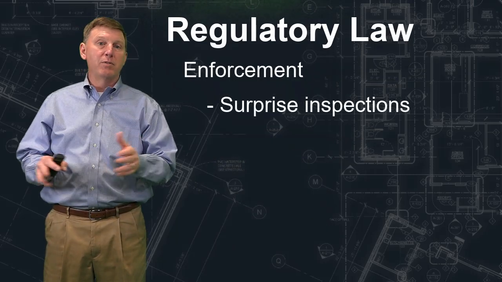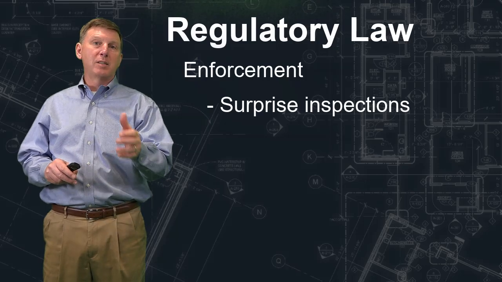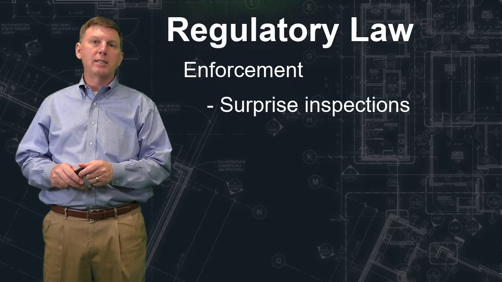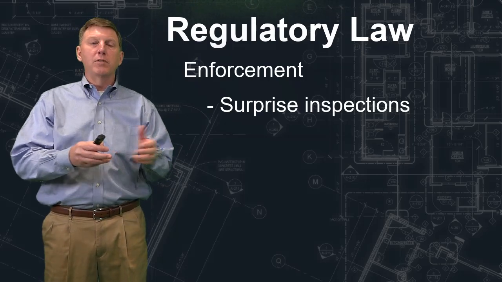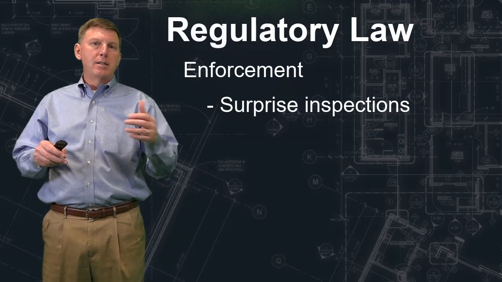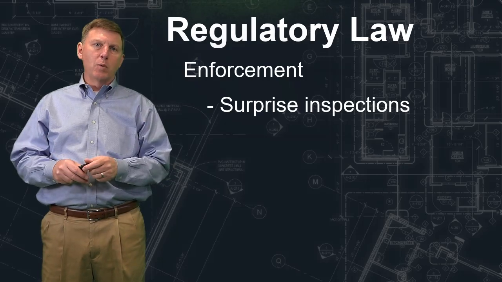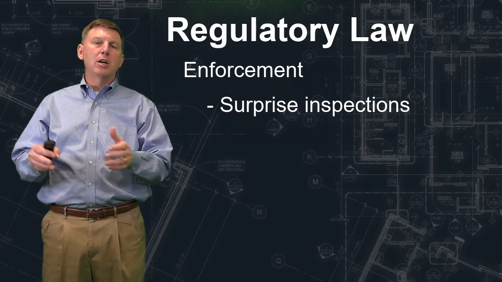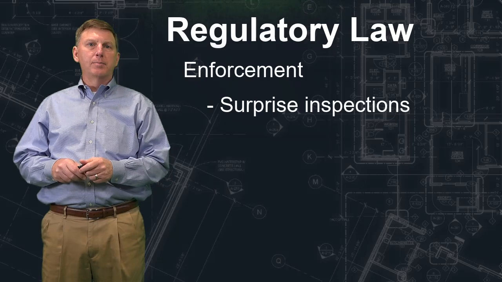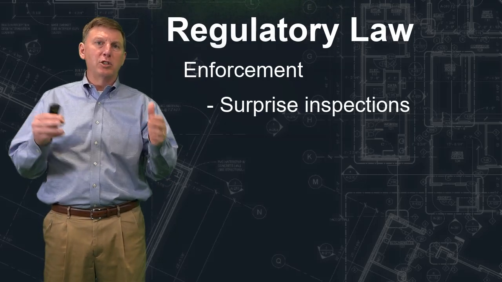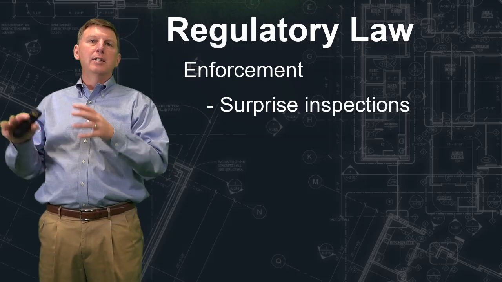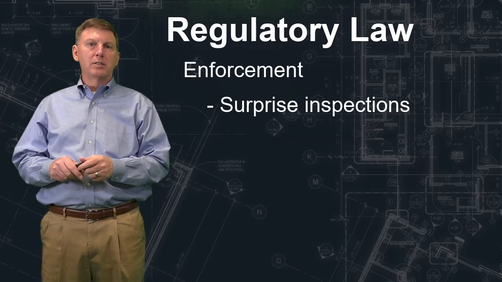How are these laws enforced? Well, in a number of different ways. You're going to find surprise inspections on your work site. People will show up and check the authorization to work of your workers, check that you're paying them for the hours that they work, and that you're following OSHA standards and regulations. So these surprise inspections ensure that you're actually following these regulatory laws.